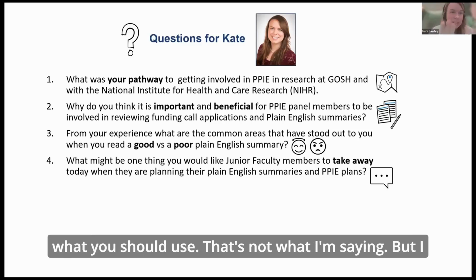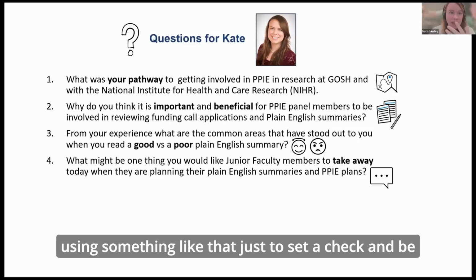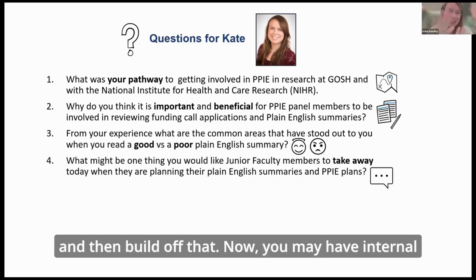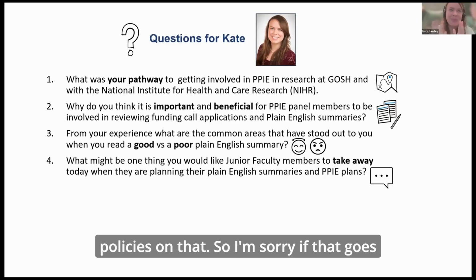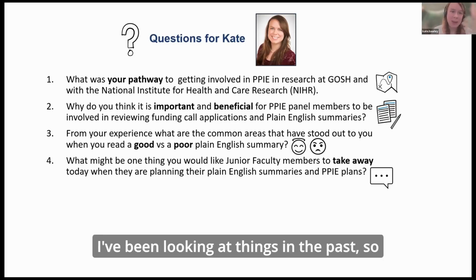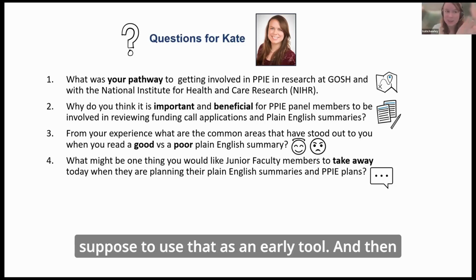That's not what I'm saying. But I don't think there's anything wrong with using something like that just to sense check, to ask, does this sound understandable to you? And then build off that. Now, you may have internal policies on that, so I'm sorry if that goes against it, but I found that to be quite helpful when I've been looking at things in the past. So don't be afraid to use that as an early tool.